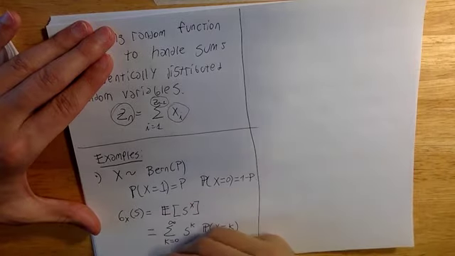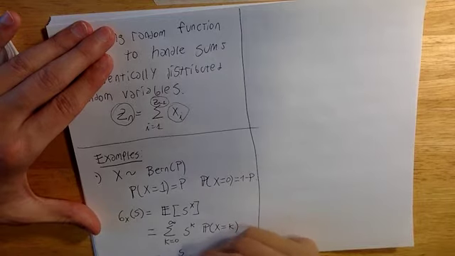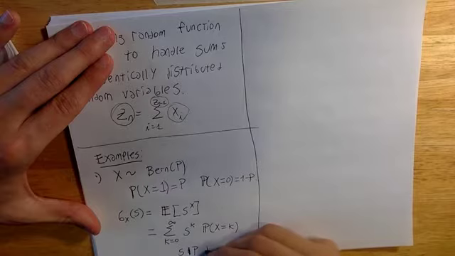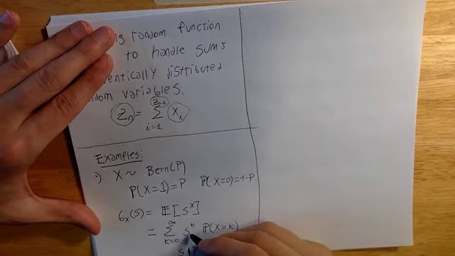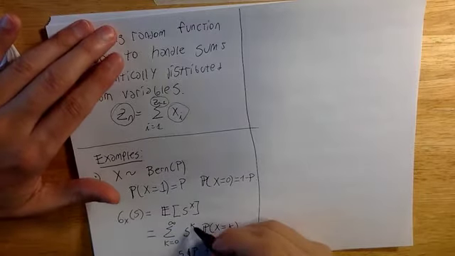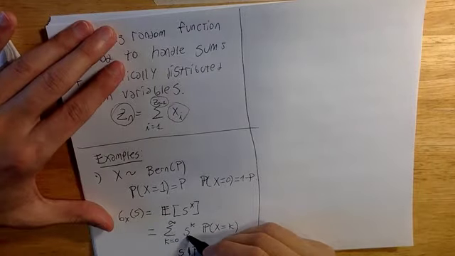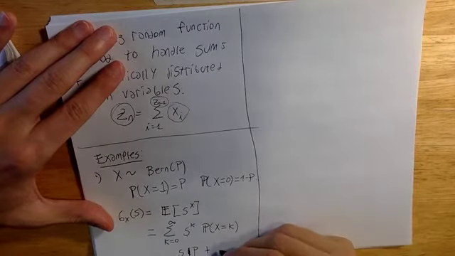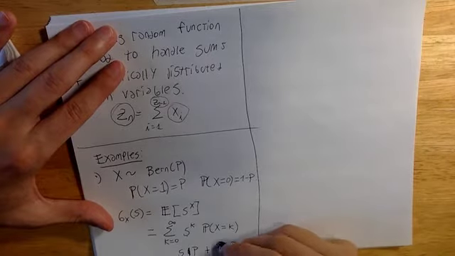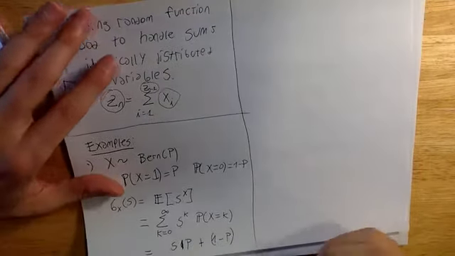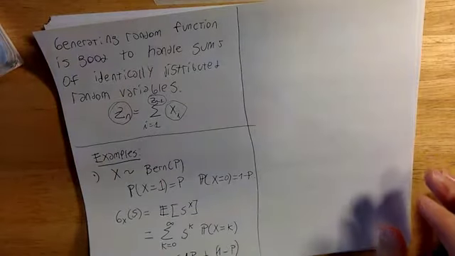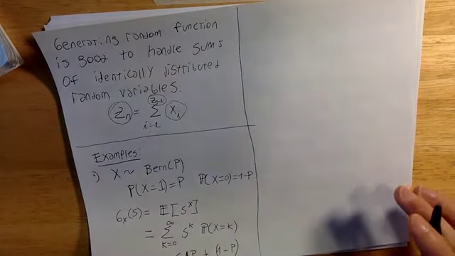In this case, for this specific variable, this is going to be s times p plus, when k is equal to 0, s to the 0 is equal to 1, so this is going to be 1 minus p.